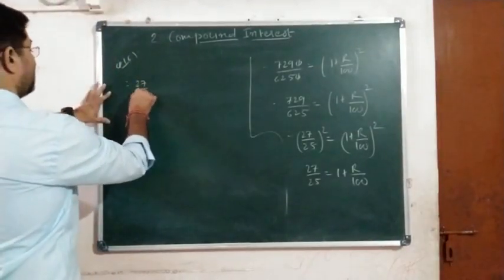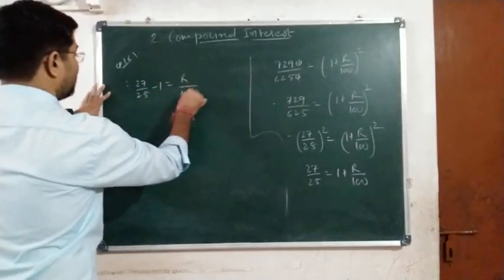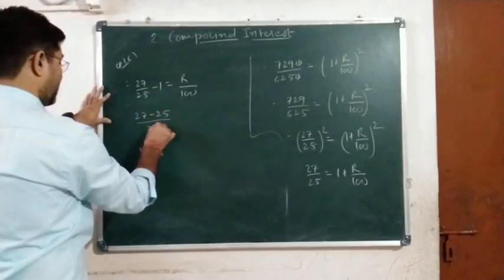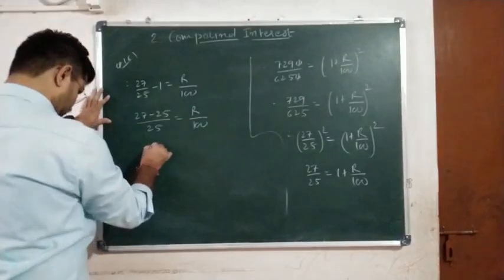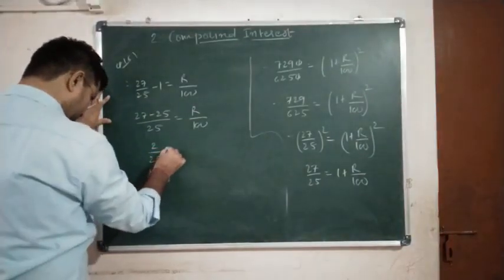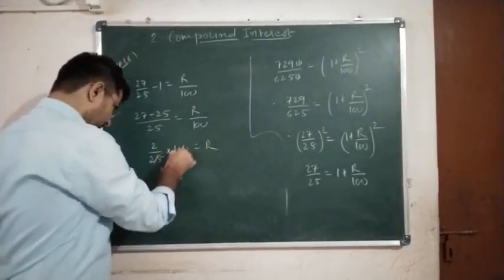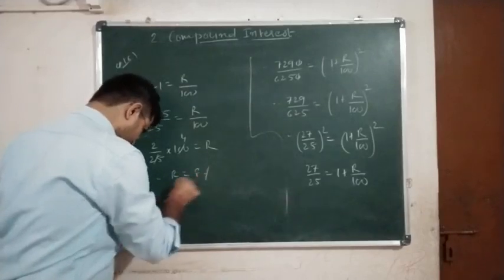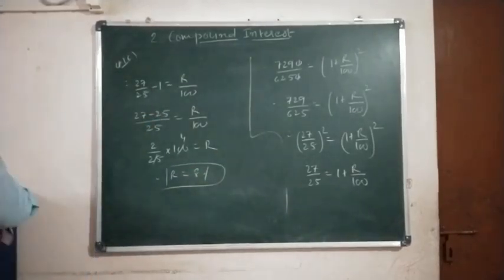Therefore 27 upon 25 minus 1 is equal to 27 minus 25 upon 25. So 2 upon 25 into 100 is equal to r. 25 fours are 100, and therefore r is equal to 8%. This is the required rate of interest.